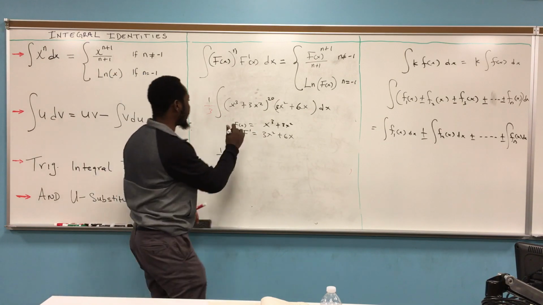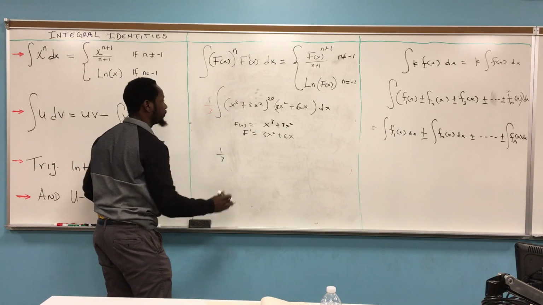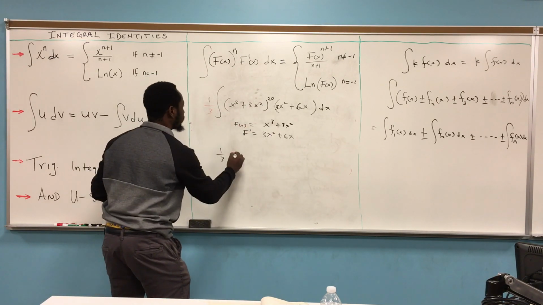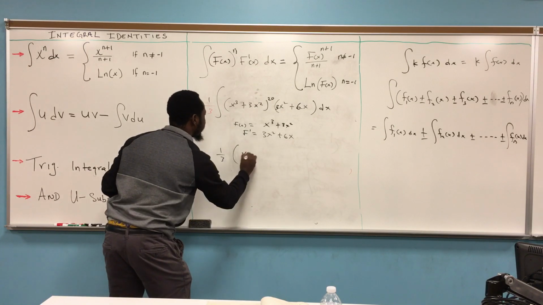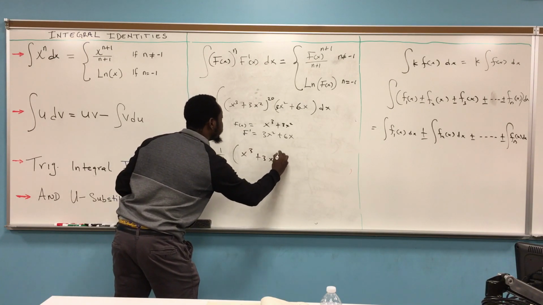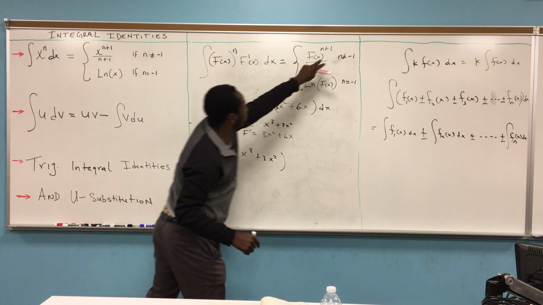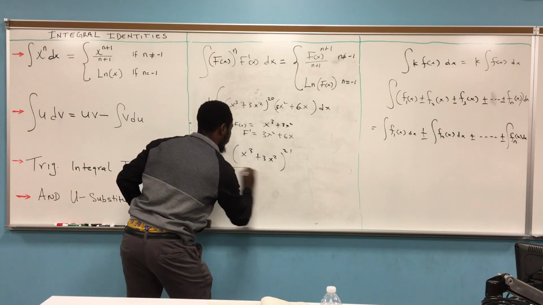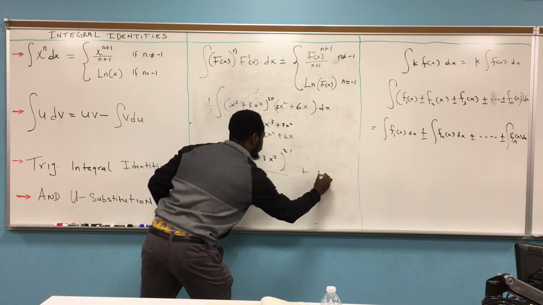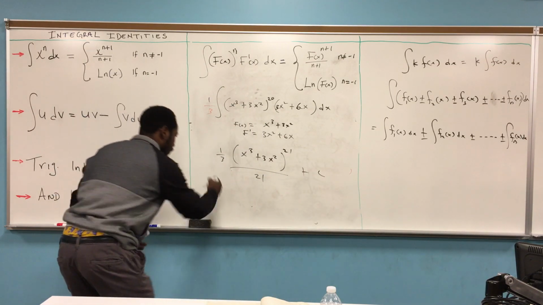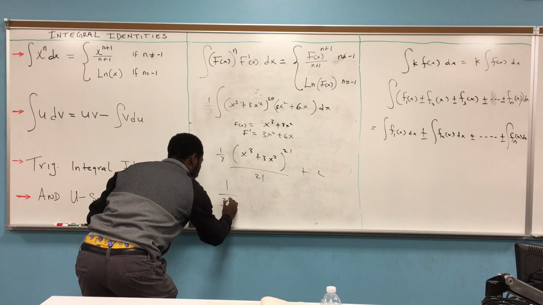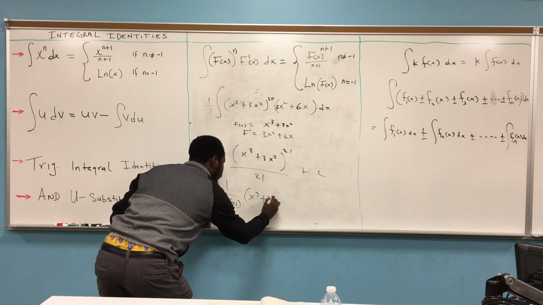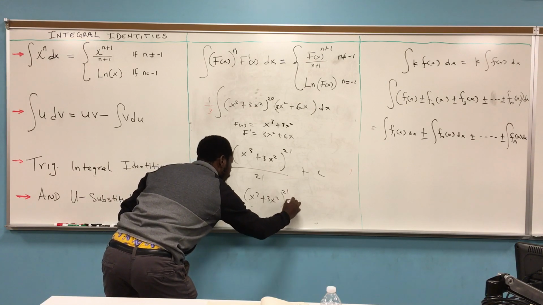So instead of writing everything, since the derivative of this is this, I'll just write the 1/3, write this, x to the third, 3x squared, and add 1 to the power, 20 plus 1, and divide by 20 plus 1. And this will be 1/3 multiplied by 21, x to the third, 3x squared, 21 plus c.